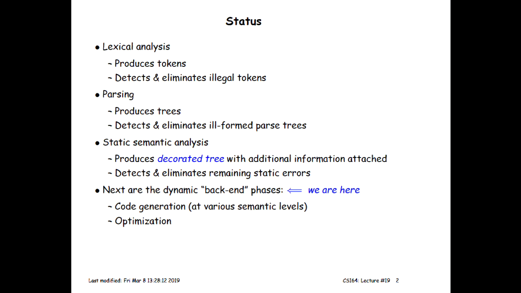And at this point, we get into dynamic semantics. That is, what actually happens, what does the program mean as far as the computation that it denotes? What is that computation? So this involves both the generation of code, the final translation of the decorated information from static semantic analysis into something executable.